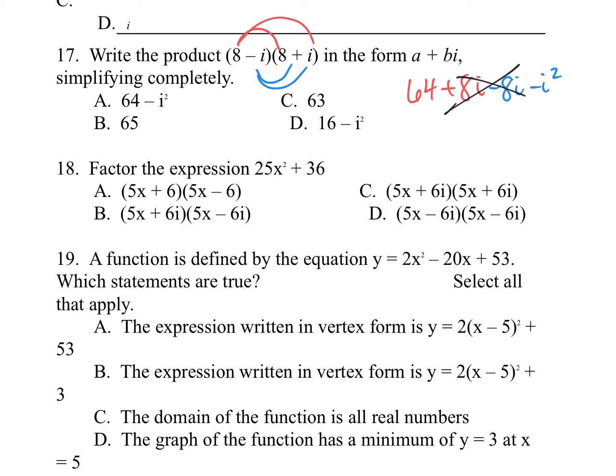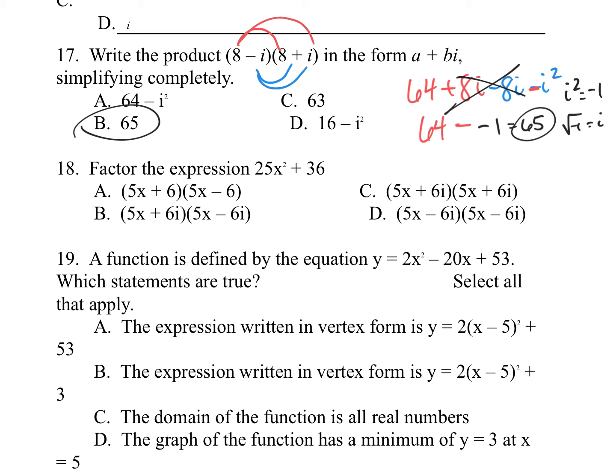These guys cancel out, so I end up with 64, just kidding, minus, because there's a minus right here, i squared. Well, i squared, if you remember, is equal to -1, because the square root of -1 is i. So if I square both sides, I get i squared equals -1. So I can plug in a -1. 64 minus -1 is 65.